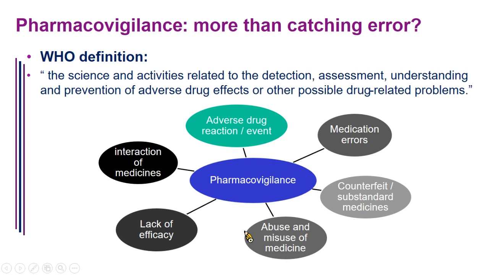And there may be some quality issues coming up as well in terms of counterfeit or substandard medicines that you may need to double QC check. And also there may be some medication errors. So all this stuff has to be looked at, monitored, and documented properly during the pharmacovigilance phase.